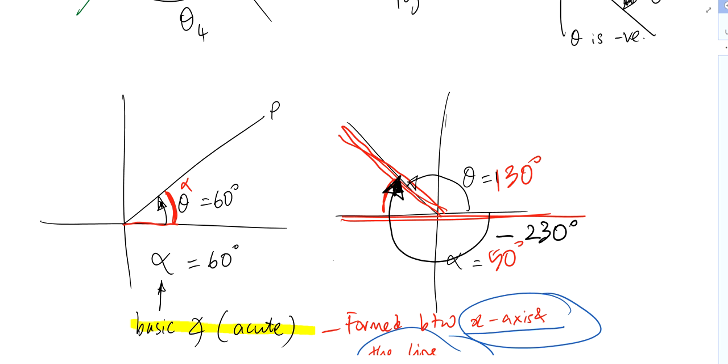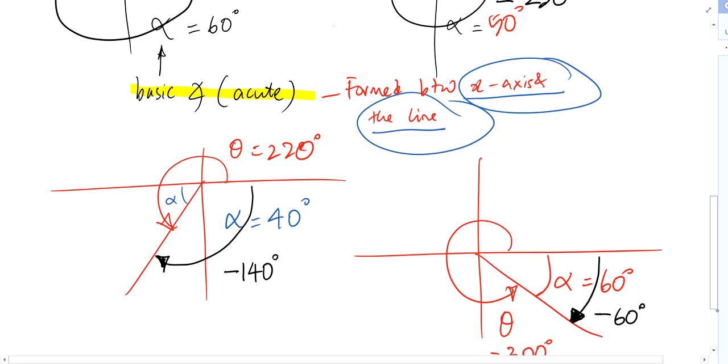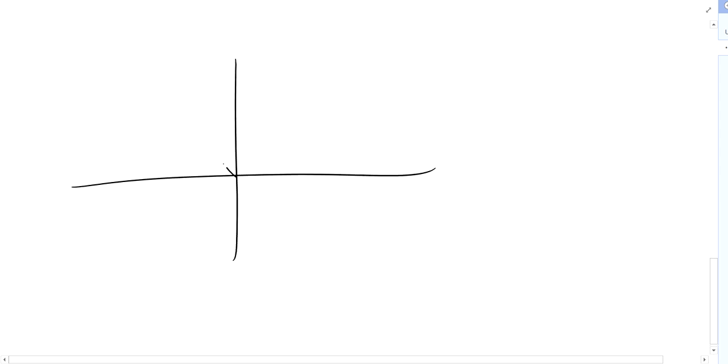It is still 50. Let's go to this case, quadrant number 1. I go from the positive, I go clockwise. How much is this angle? Negative 300. Simple?